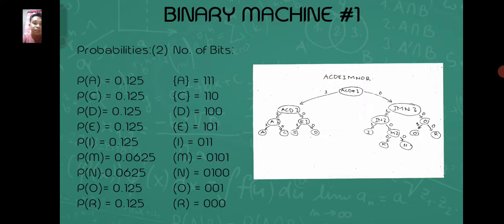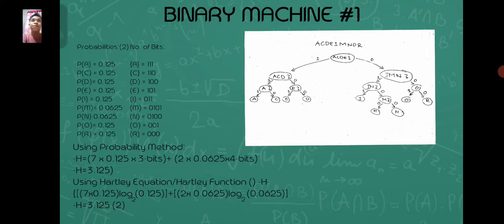The bits of O are 001, and the probability is 0.125, same as A, C, D, E, and I. Same also for R, 0.125, and the bits are 000.